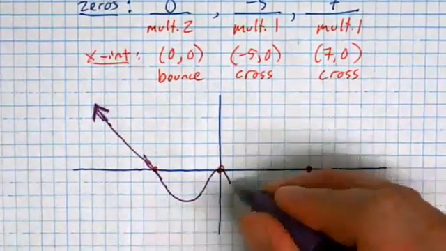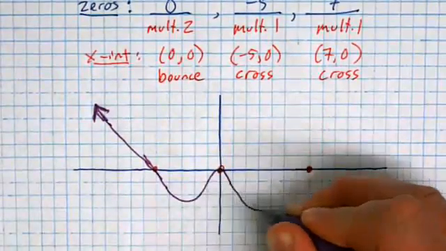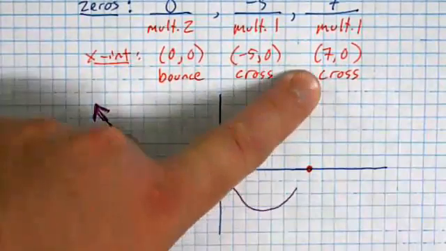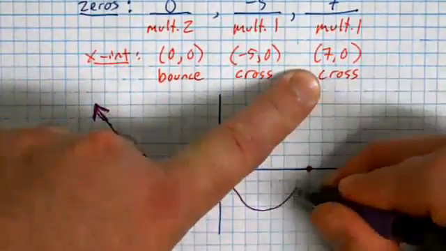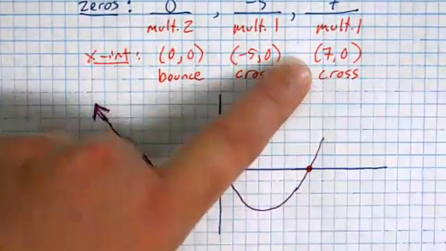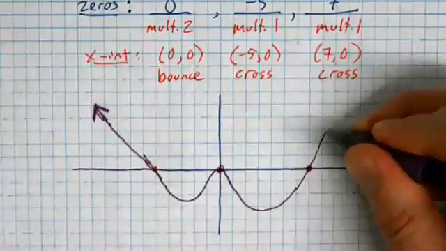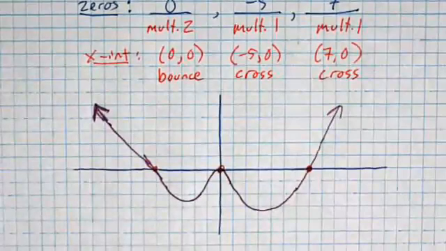And again, as it travels over to the right, eventually it's going to have to bottom out and come back up because we've got to make it up here for our last intercept at 7, which we said was going to cross. So that leaves us up in the positive territory, and that's good because we expected our end behavior to also be going up to positive infinity on the right-hand side of this graph.